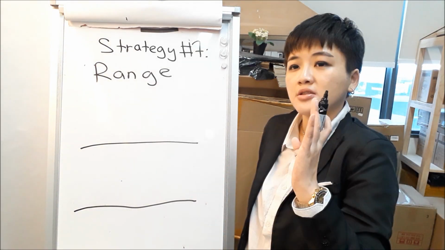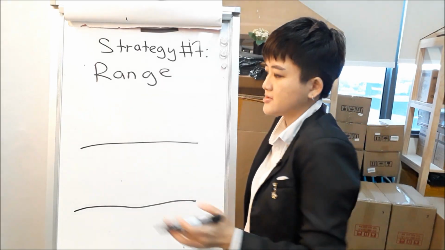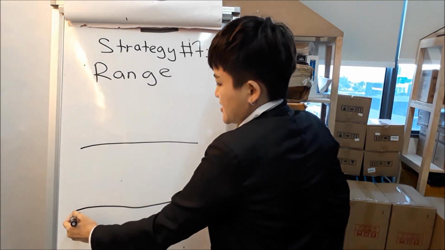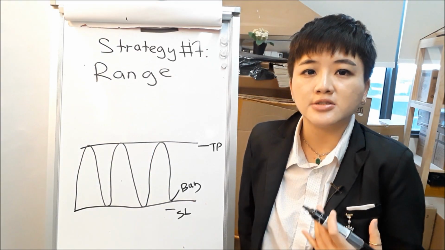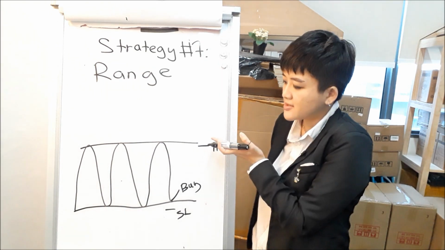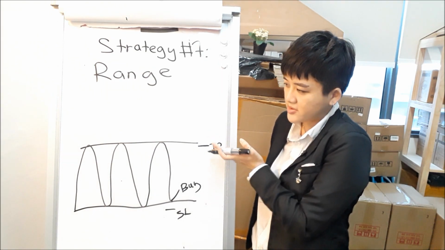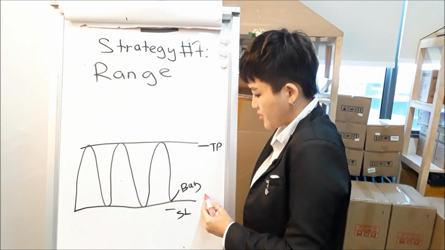I'm talking about the not volatile ones, because in the volatile ones, you cannot even find support and resistance. So assuming this is a very good ranging market, you cannot set your TP target right at the resistance level. Set it slightly below resistance, and you would again have a very good risk to reward ratio.